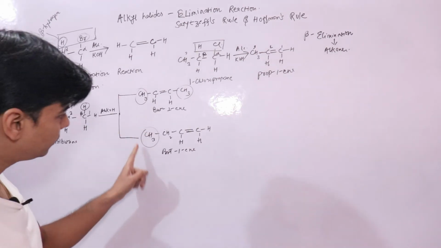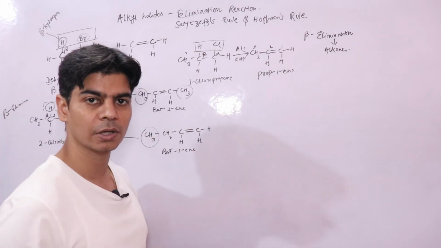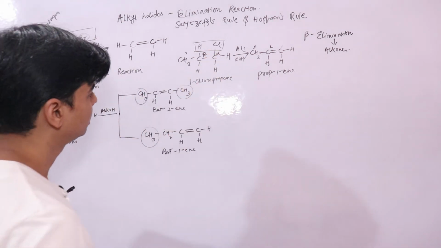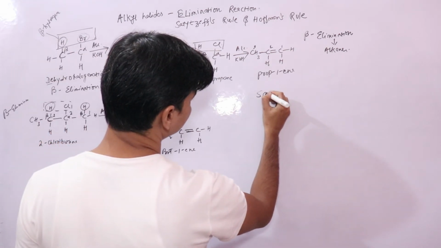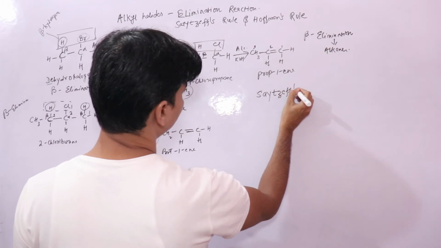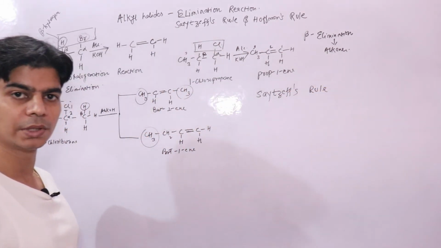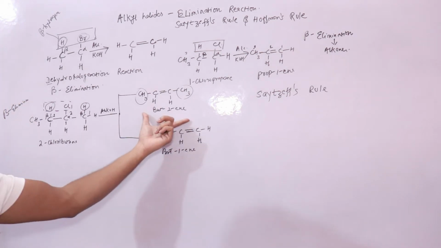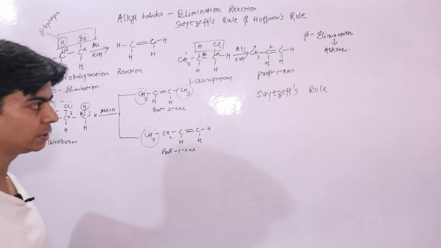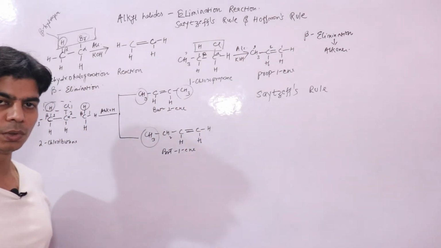Which product will be the major product would be decided by Saytzeff's rule. And this Saytzeff's rule says that out of these two alkenes, the one which is more substituted would be the major product. This is what Saytzeff's rule says.